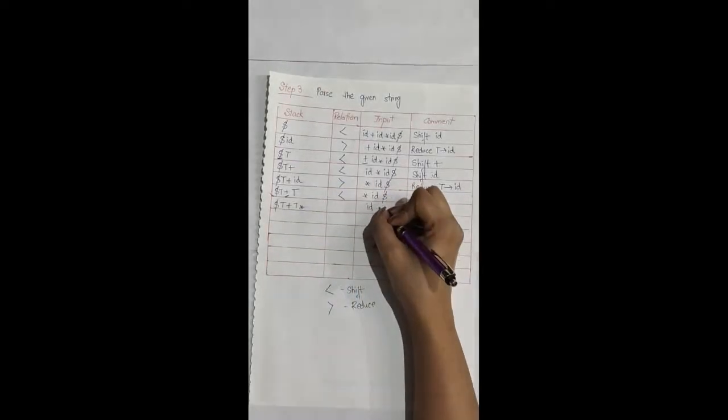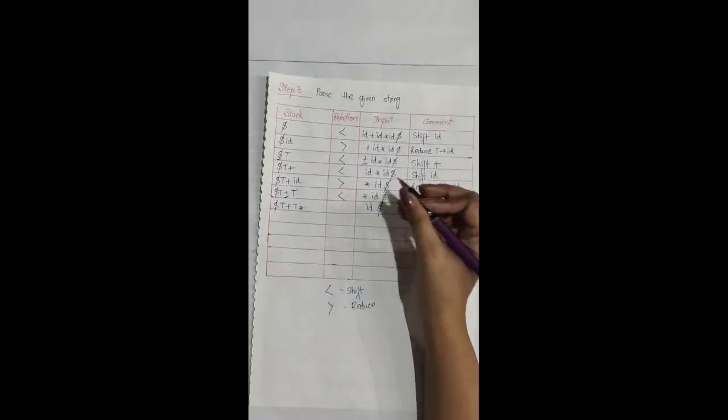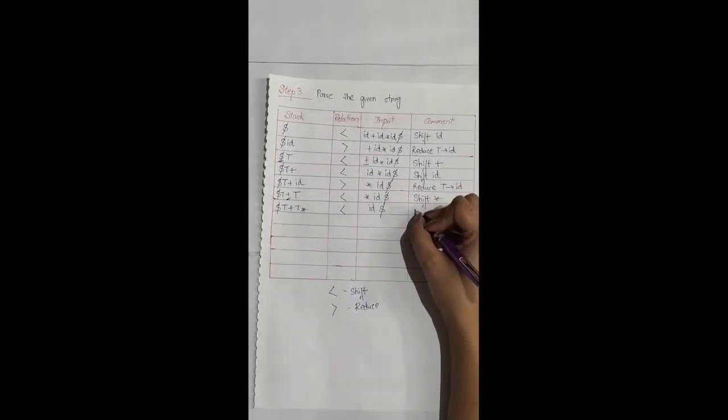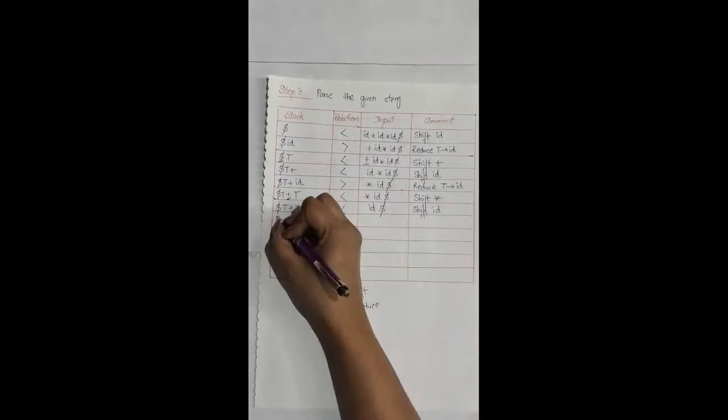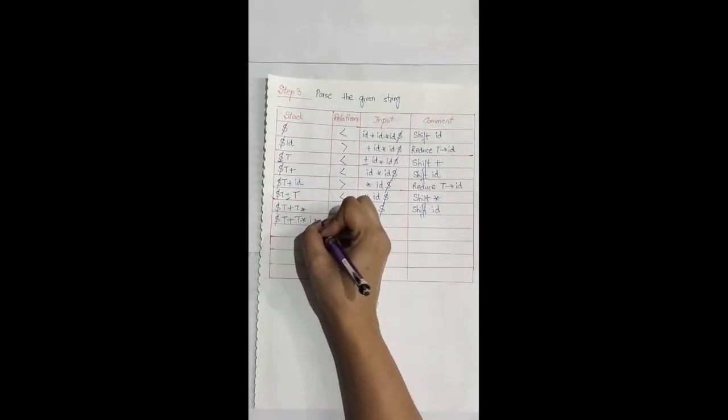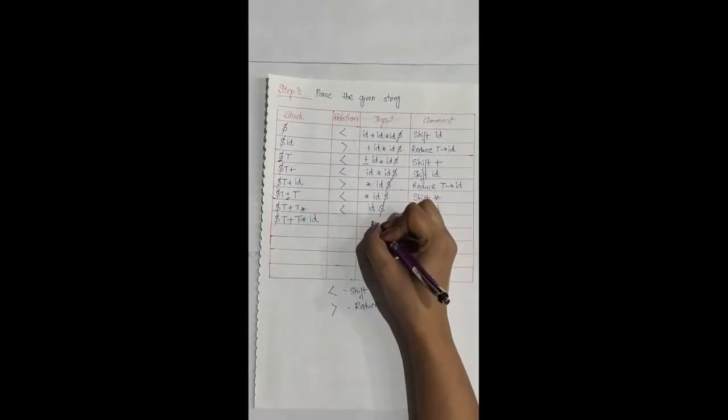Here we are left with ID and dollar. Fine. Now compare asterisk and ID. Obviously identifier has a higher priority. So the action will be to shift. Shift what? ID. So dollar T plus T asterisk ID. Now here we are left with only dollar symbol.